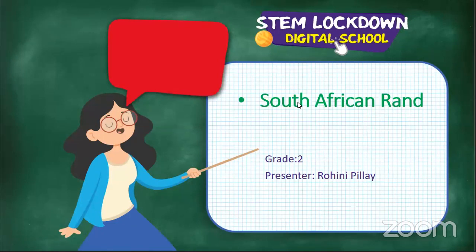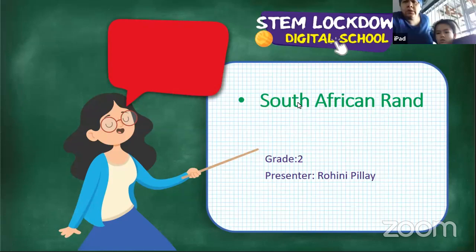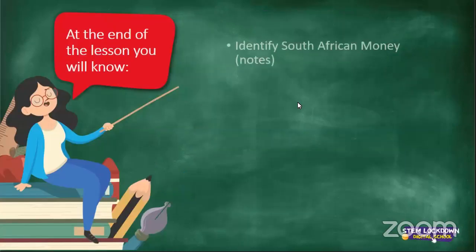So the currency in South Africa is rand. Say that. At the end of the lesson, you'll be able to identify the South African money notes. We're only going to learn about the notes.